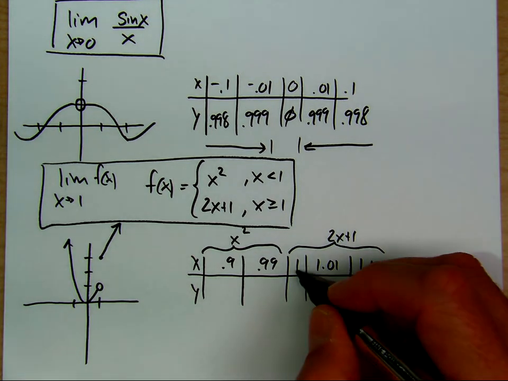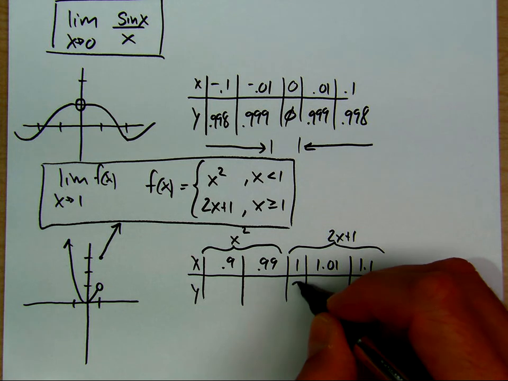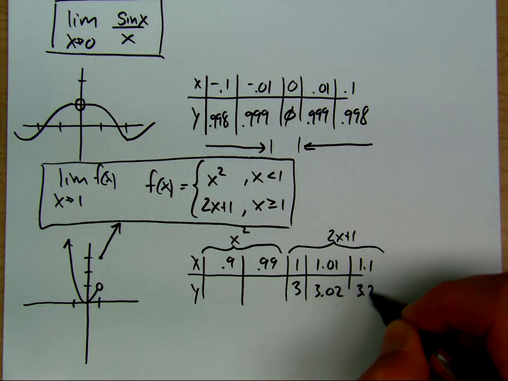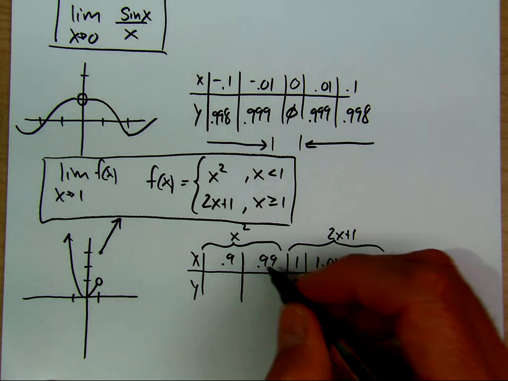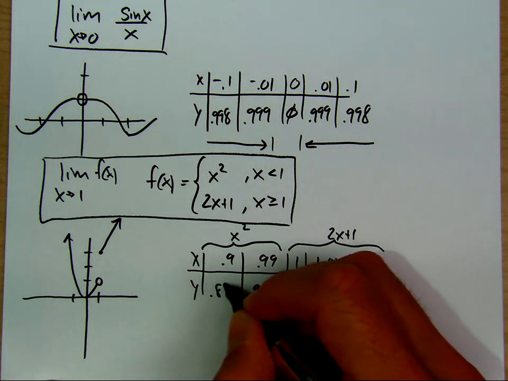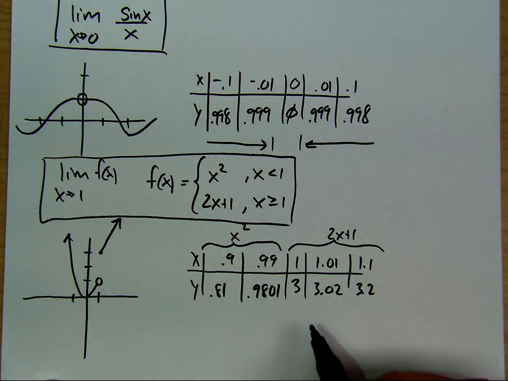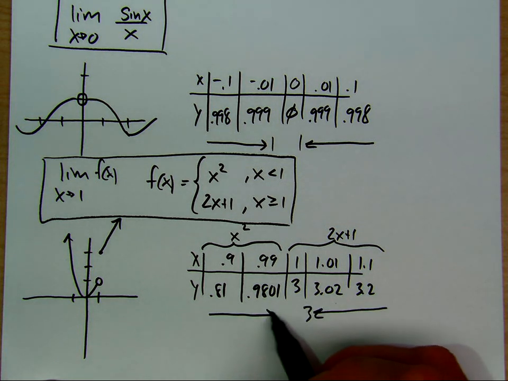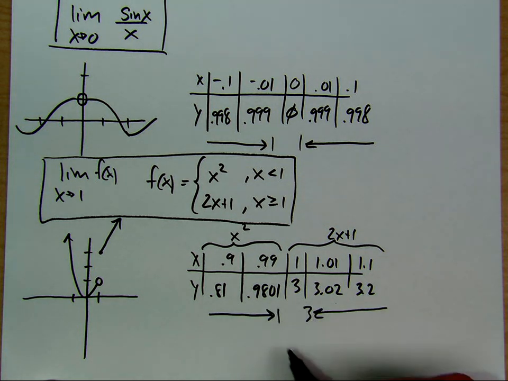When you evaluate it at 1, we get 3, 3.02, 3.2. And this is approaching 3, and this is approaching 1. We see that the limit does not exist.